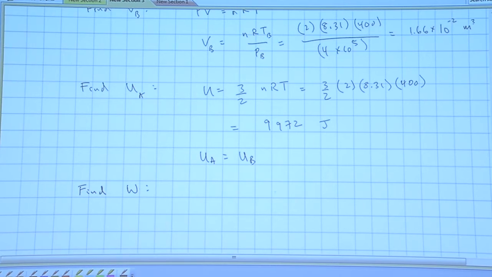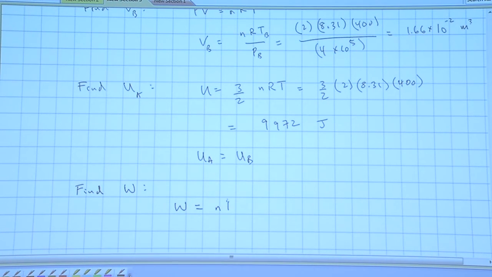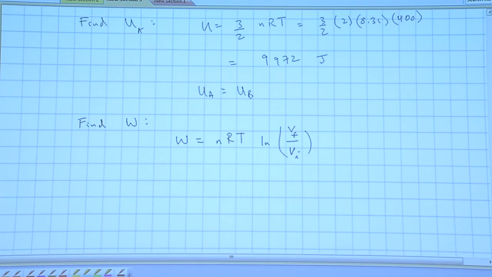The work done for an isothermal process is nRT times the natural log of V final over V initial. So we can use this equation.